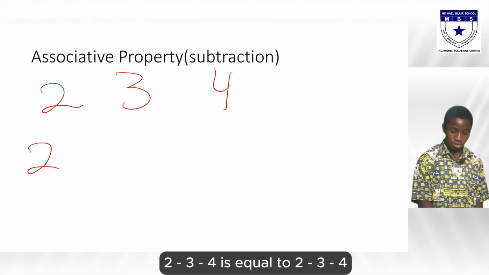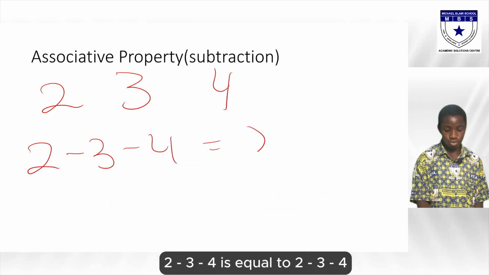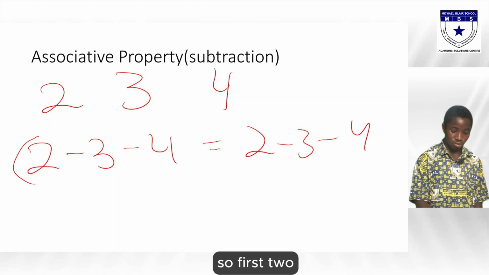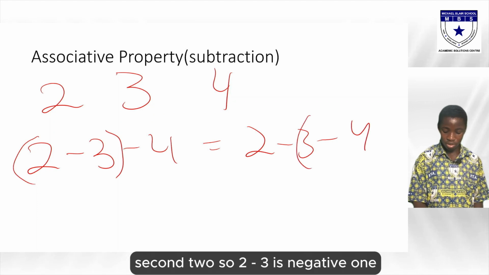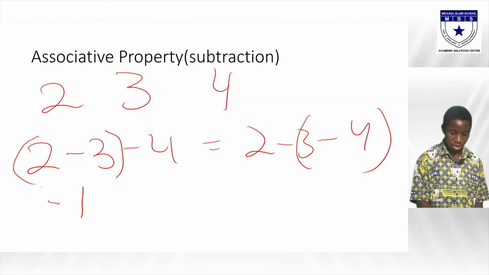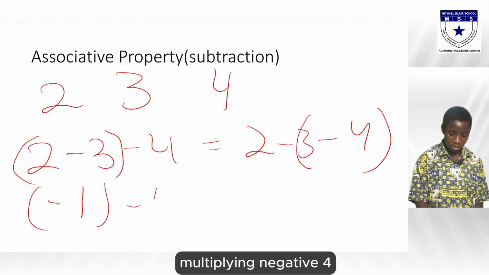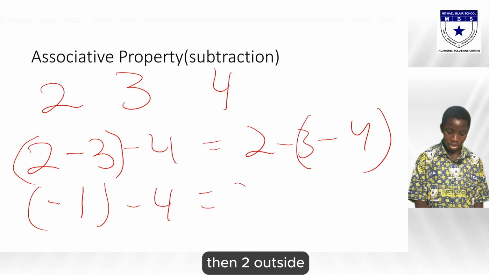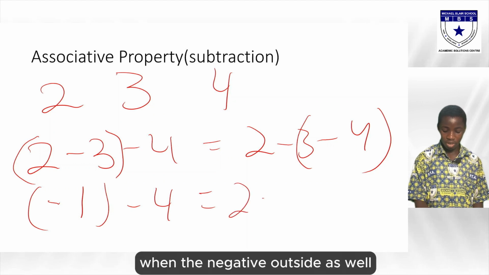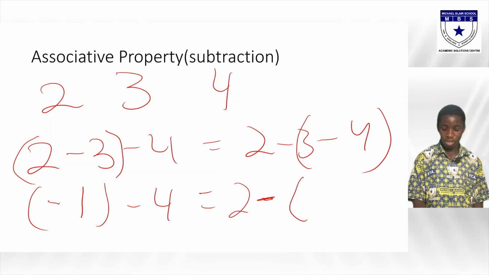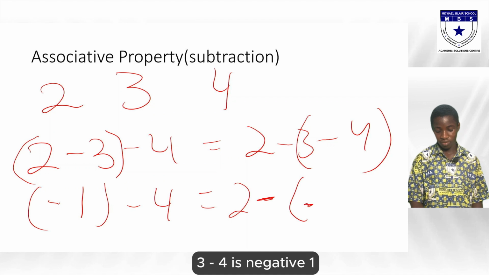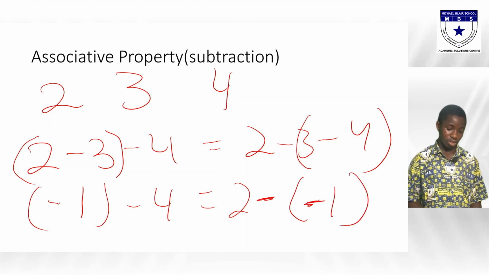So 2 minus 3 minus 4 is equal to 2 minus 3 minus 4. First two, second two. 2 minus 3 is -1, multiplied by -4, with the 2 outside and the negative outside as well. 3 minus 4 is -1.